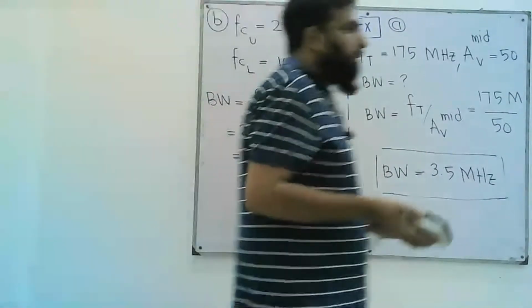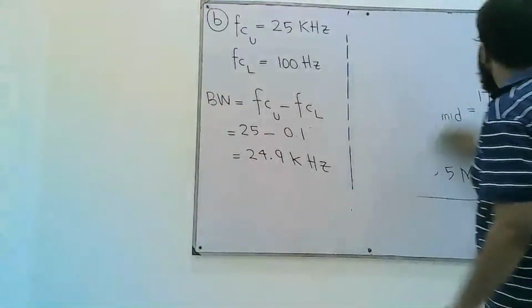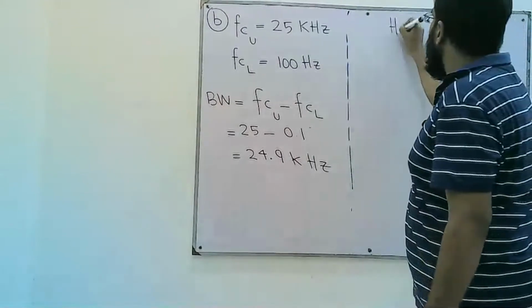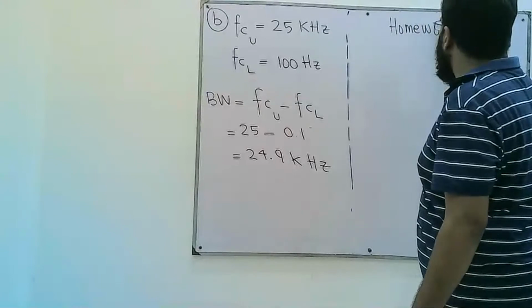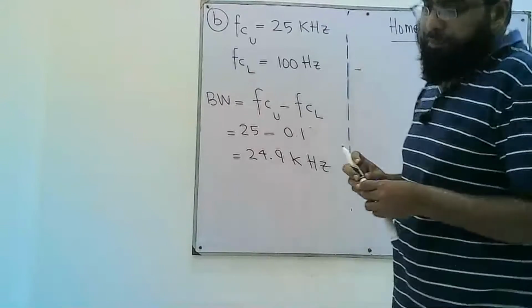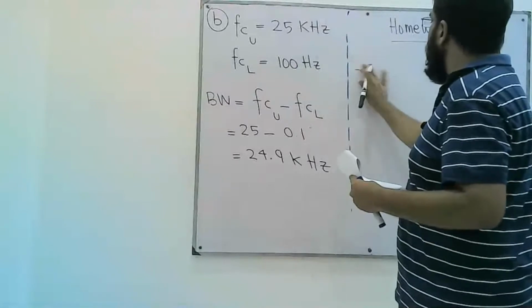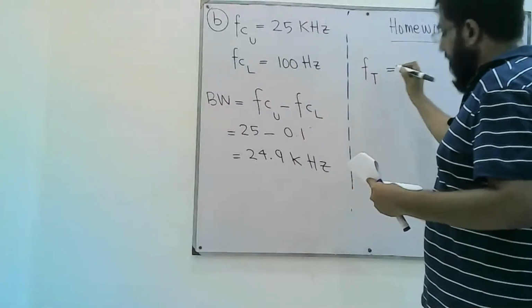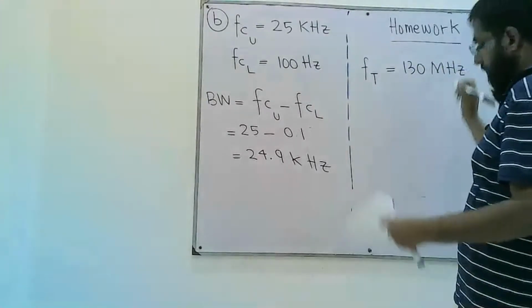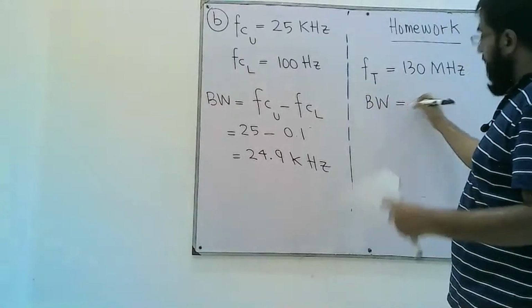And then we have a homework for students. Ft is given to be 130 megahertz and bandwidth is 50 megahertz.